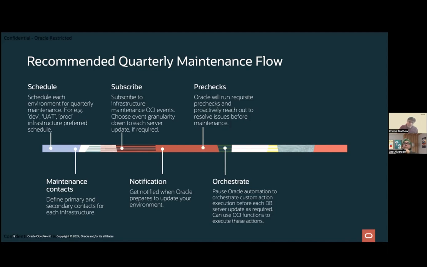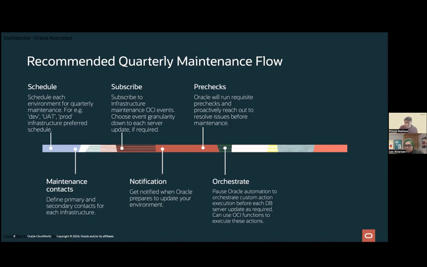Once Oracle automation sets up the specific update for a given quarter, in the example of the Q1 quarter, which Oracle Ops defines as February, March, April, you will get notified of when that is going to execute, and then you have some controls on how to manage it, including the option to pause Oracle automation, specifically for database server updates, and interject your own workflows.